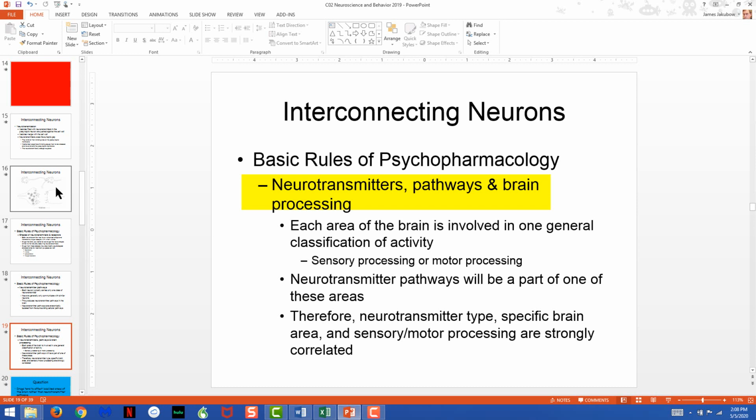So if a person told you that they were working on acetylcholine in the brain, they're probably working on motor output pathways, which would imply they might be working on diseases that include some type of motor impairment. For example, like Parkinson's disease, that would produce stiffness in muscles and tremor.